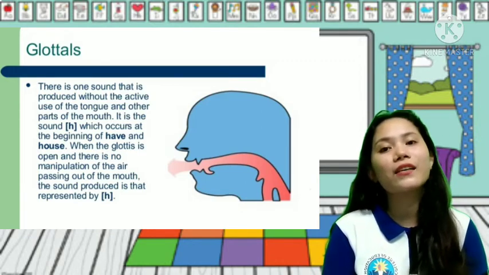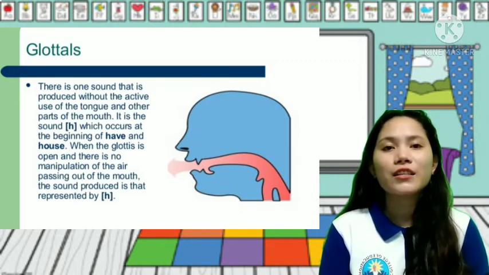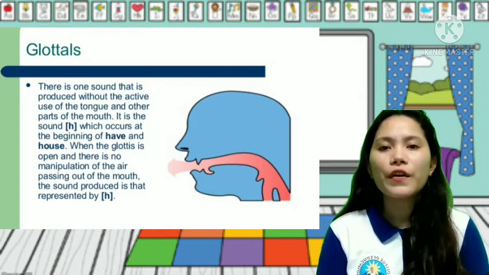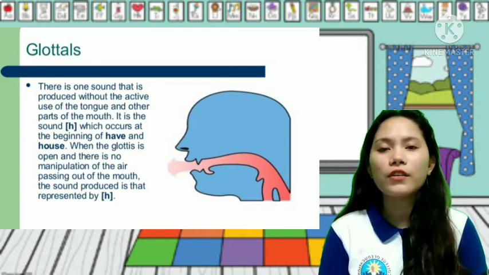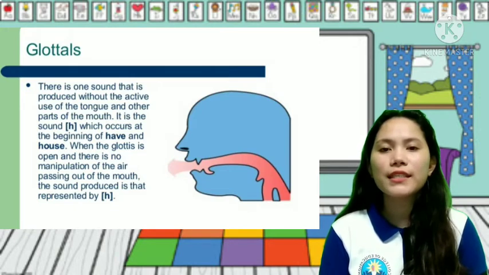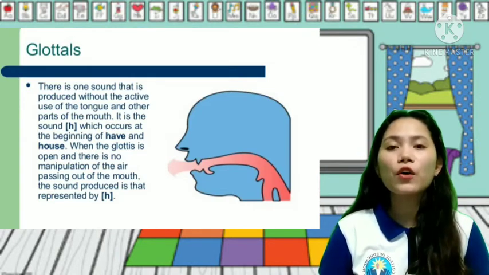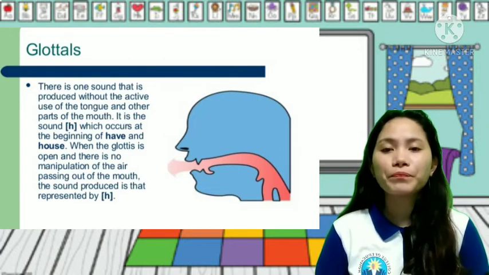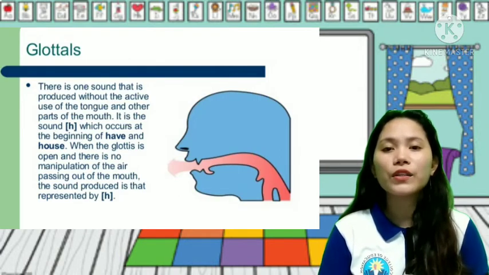It is the sound which occurs at the beginning of hub and house. When the glottis is open and there is no manipulation of the air passing out of the mouth, the sound produced is that represented by H.